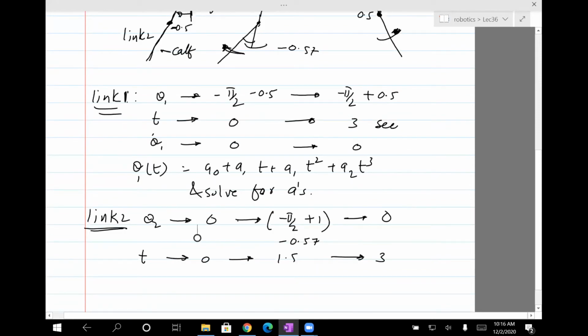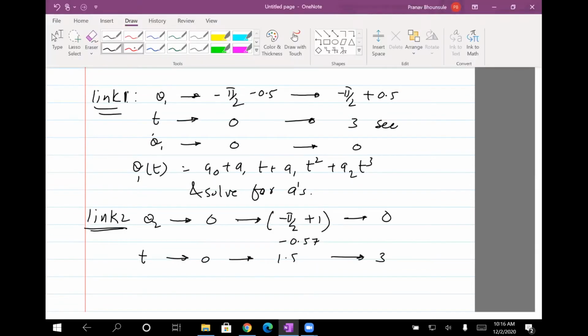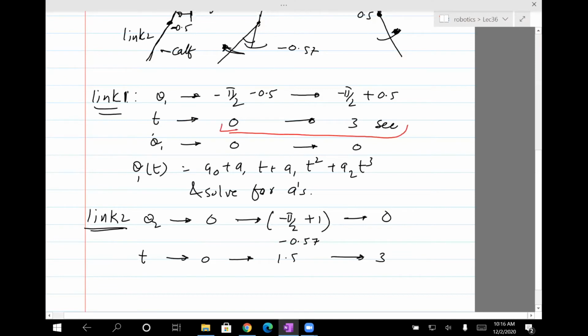So you can see that for link 1 we have only one clock, 0 to 3, but here we have two windows, 0 to 1.5 and 1.5 to 3. And then the same thing, we want to ensure that it starts with 0 speed and ends with 0 speed for each of these.